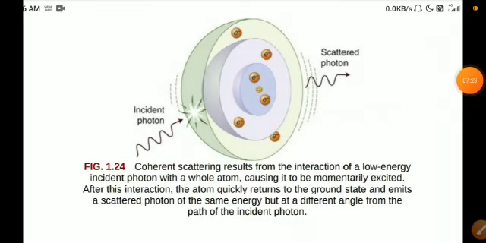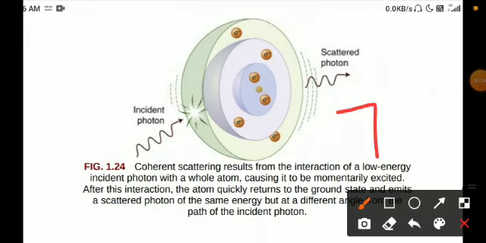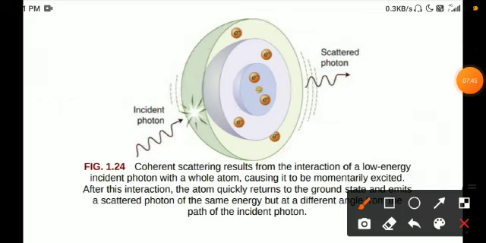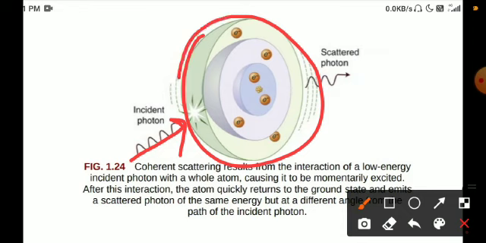Let's study coherent scattering. It is the lowest percent, only 7% shows coherent scattering. In coherent scattering, lower energy photons strike the atom and momentarily excite the atom.